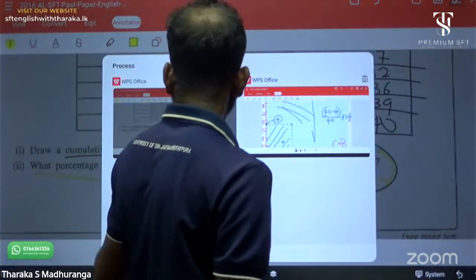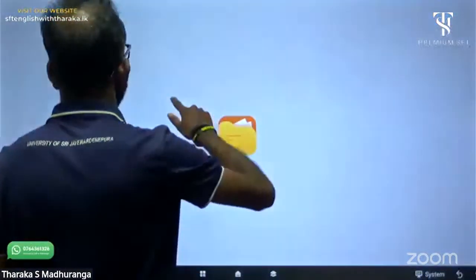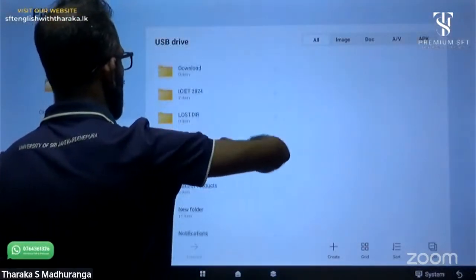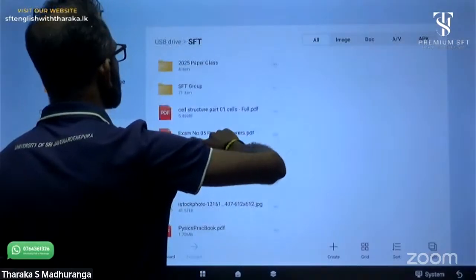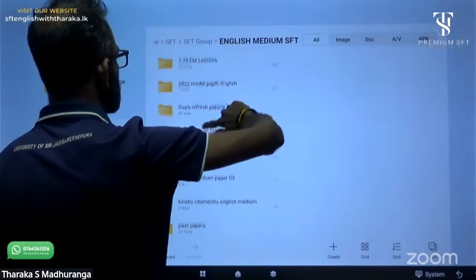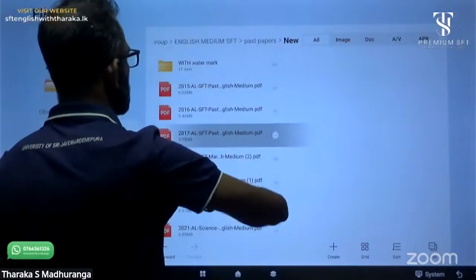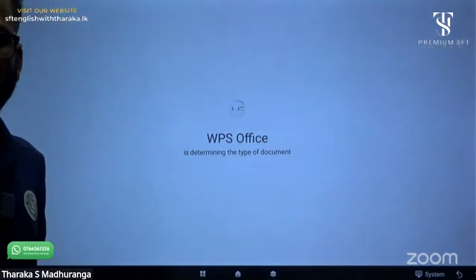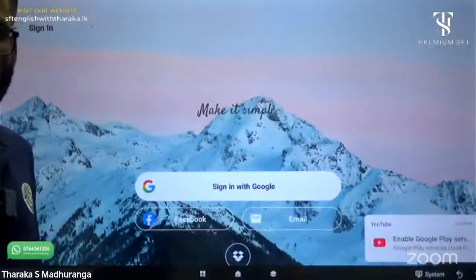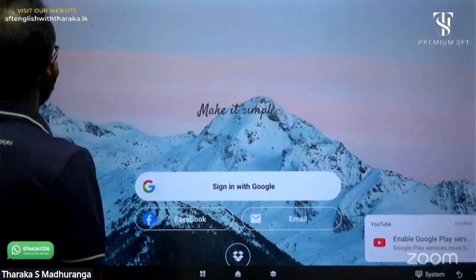Go to the 2017 A-level paper. Kabir, understood? Fatima? Good.